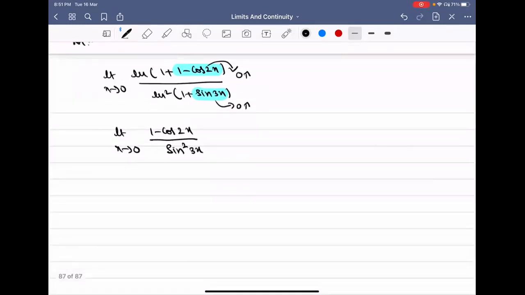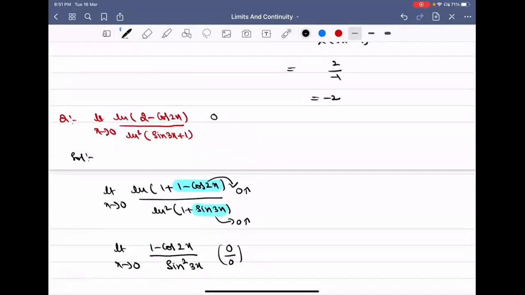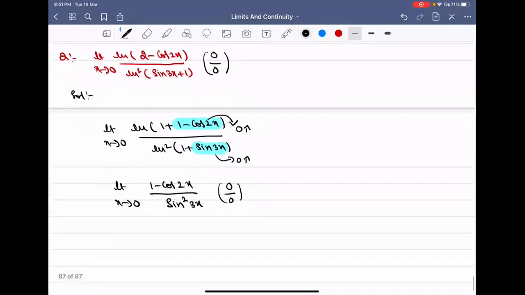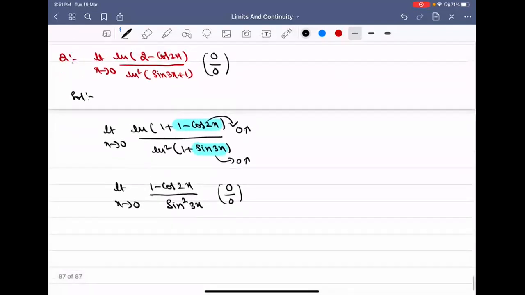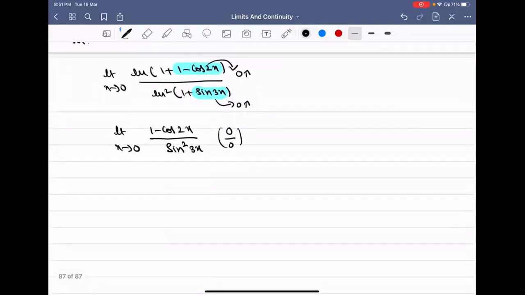Now again it is of the form 0 by 0. Initially, if you substitute x equal to 0, it is 0 by 0 form, that's why we are doing this. First we used infinitesimals, then again it is an indeterminate form, so we can use infinitesimals again.